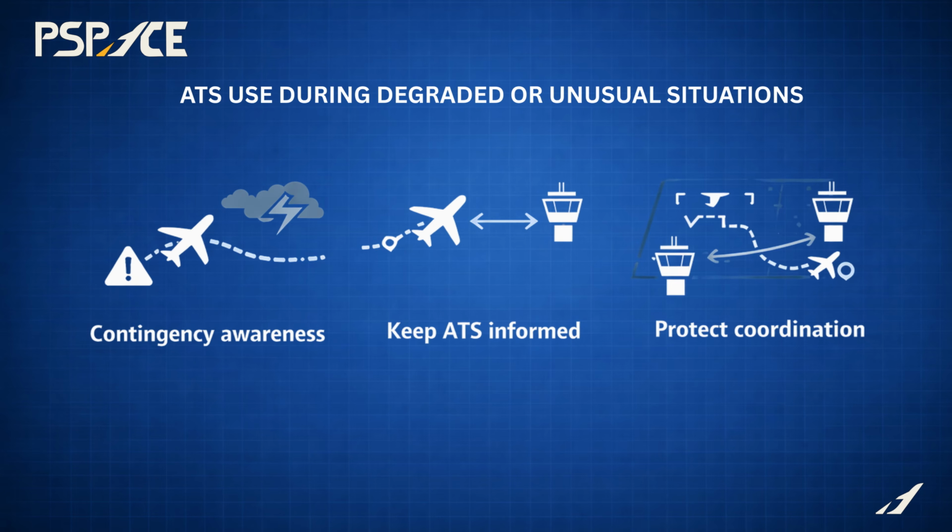The operator is expected to have contingency procedures reflected in the operations manual and SOPs, and the commander is expected to apply those procedures in a way that keeps ATS informed as the situation develops.